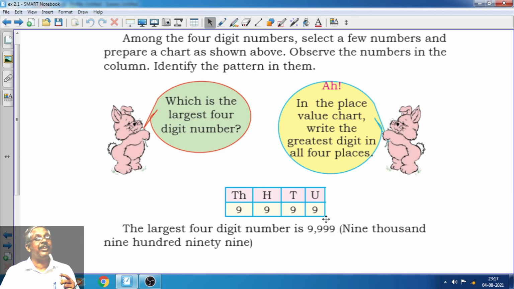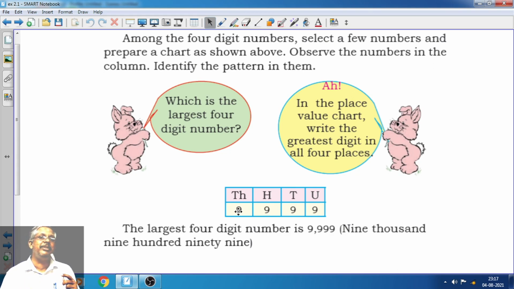Now otherwise I will ask you, what is the smallest number? I said 0, right? Now when I put that 0 in the units place, no problem. 0 in the tens place, no problem. 0 in the hundreds place, no problem. But when I put 0 in the thousands place, I'm not going to read anything. So the next number is going to be 1.